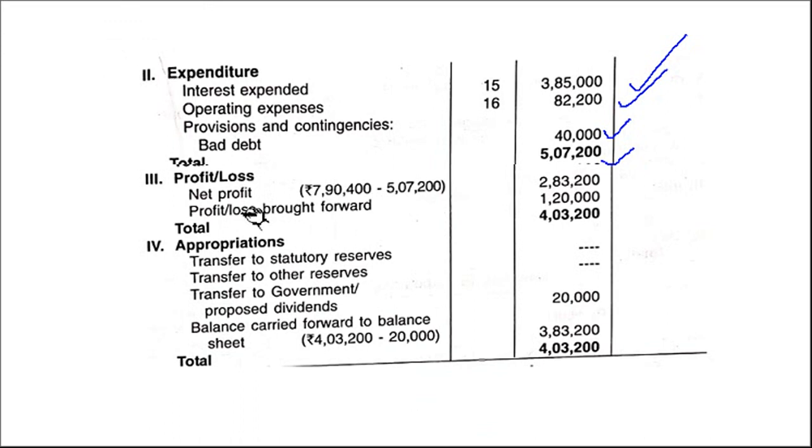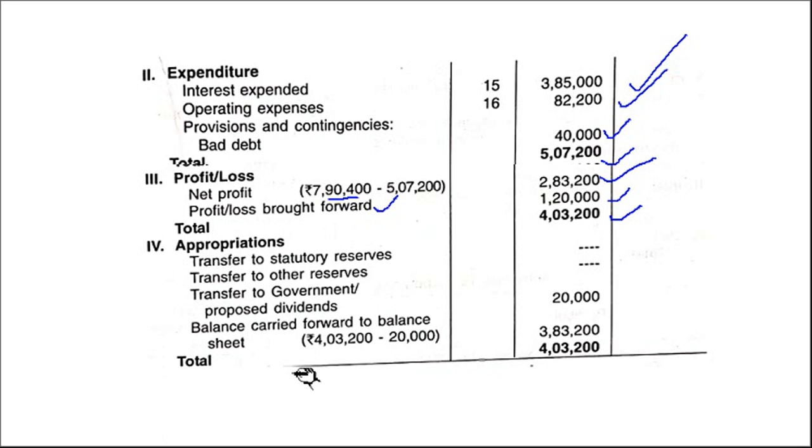What is the income? 7,90,400 in this problem. What is the expenditure? 5,07,200. So the profit for the year is 2,83,200. Now profit and loss brought forward from previous years is given in the adjustment, 1,20,000. So the total profit we have is 4,03,200. Clear?